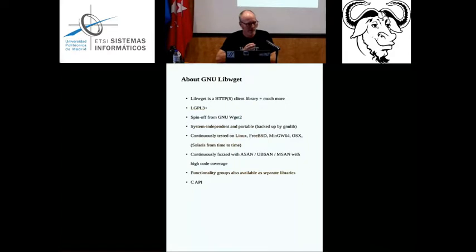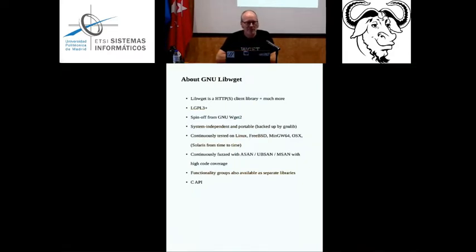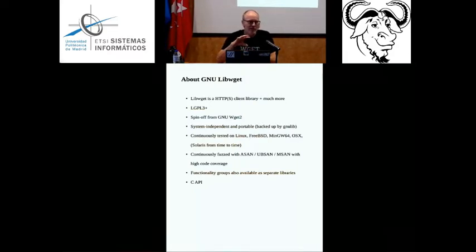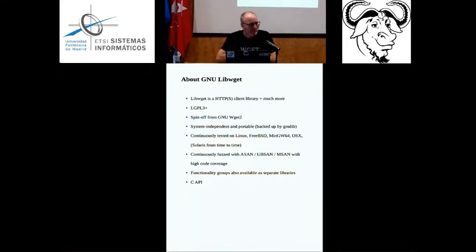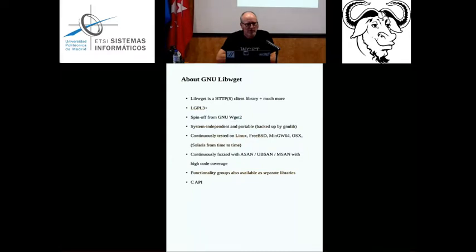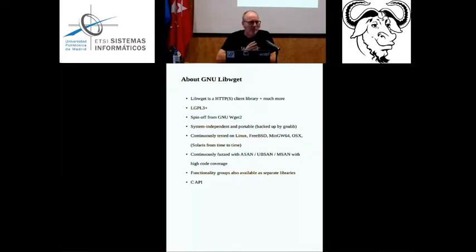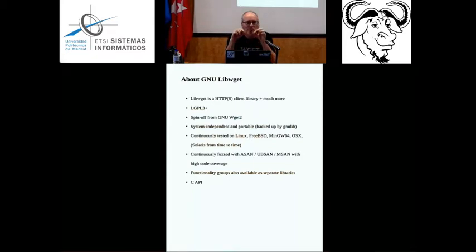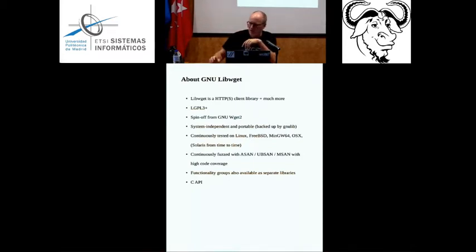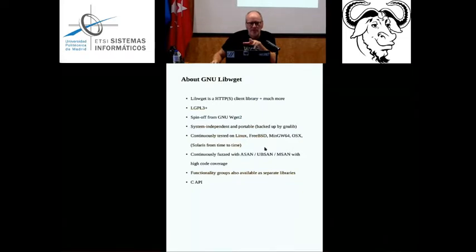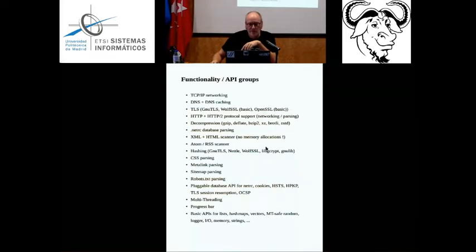It's still in a separate branch now, but in the future it will come. Once it's in master, you can make very small executables. We will come to this soon. And we have a C API, so you can use it everywhere.